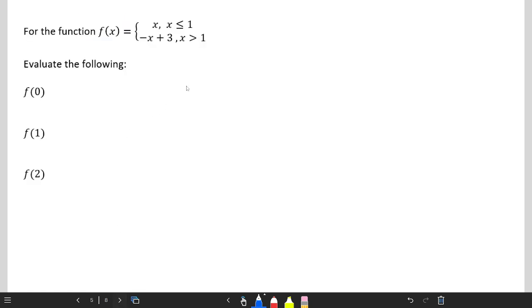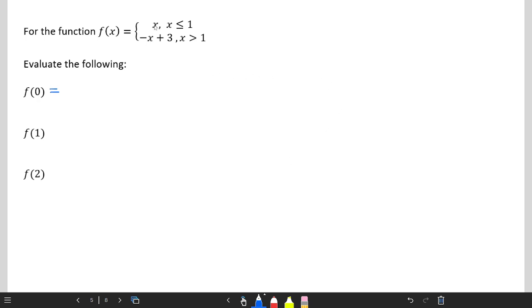So here we have a piecewise function, and it's defined by x for x less than or equal to 1, and it's defined by negative x plus 3 for x values greater than 1. So the first thing we're asked to evaluate is f of 0. And so that means we're going to substitute 0 for x and find the function value.